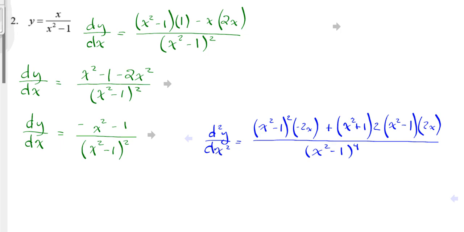So here we have low d high minus high d low, square the bottom, there you go. And notice, often what we'll find is we're going to get a common factor.